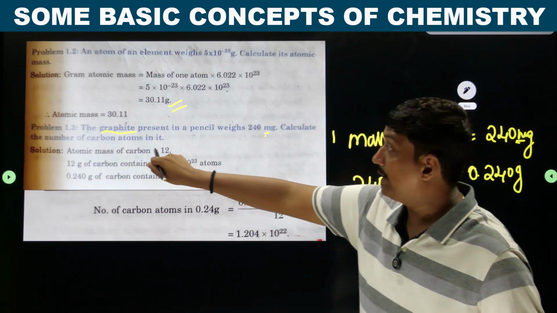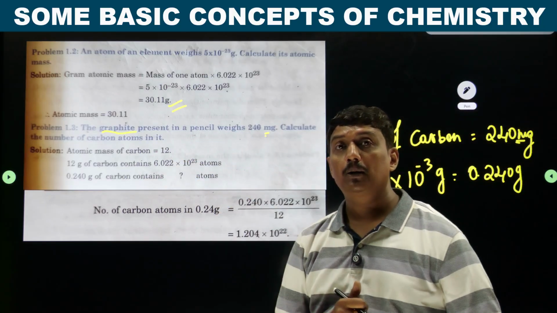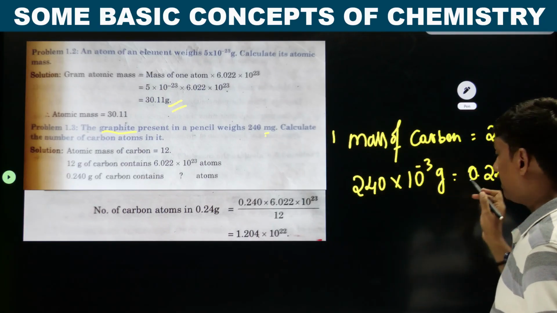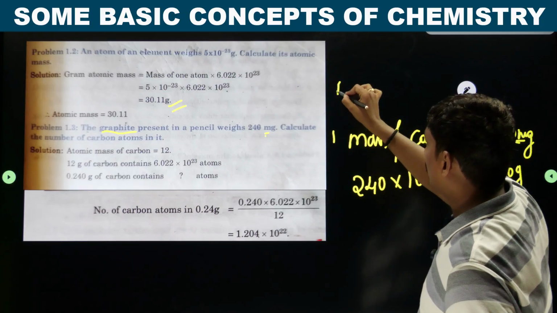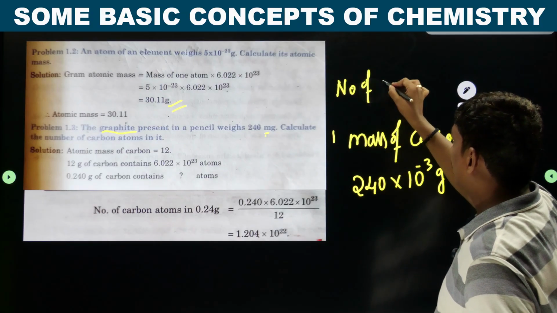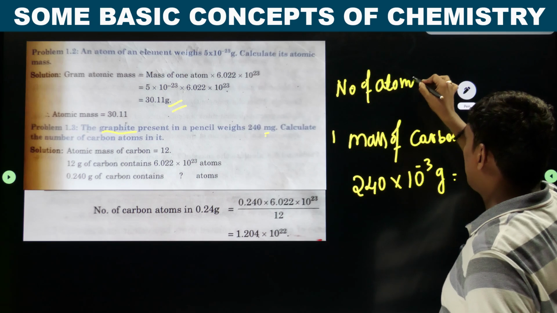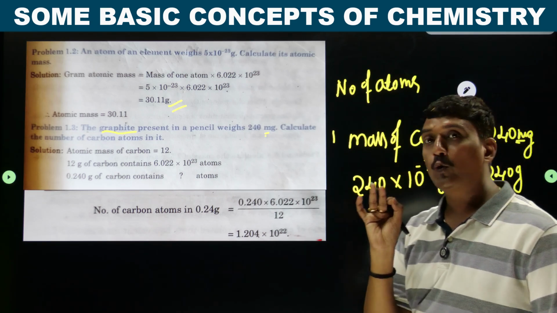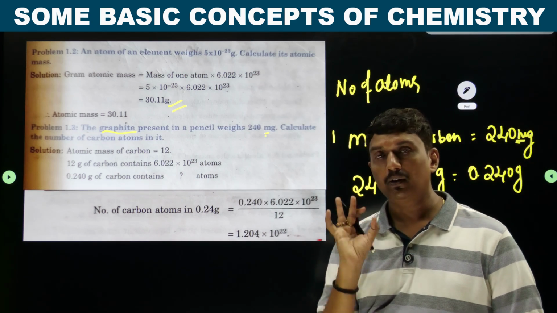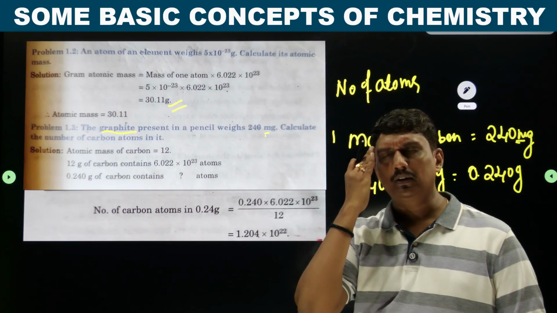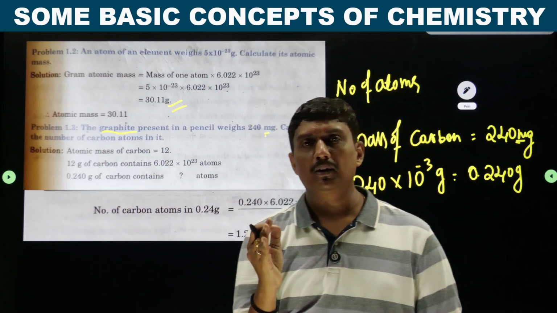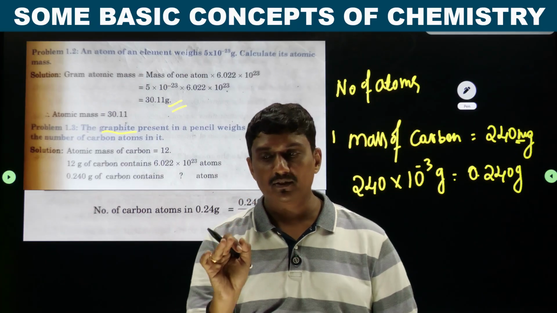What should be calculated? So, calculate the number of carbon atoms present. So, here gram is there. So, what is our aim? Number of carbon atoms present in 0.24 grams of carbon. So, how to calculate? First, it is possible if you convert mass into moles.